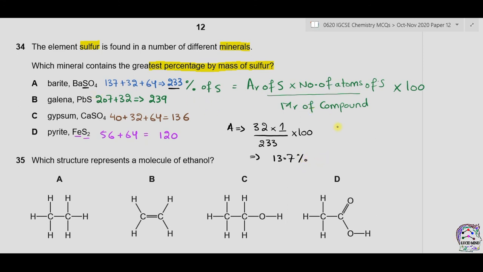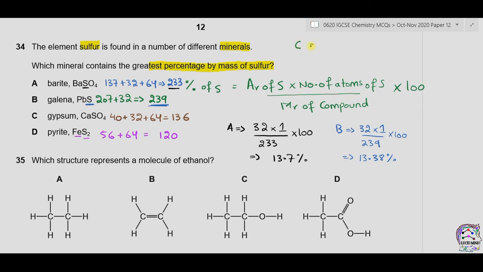Similarly for B, the atomic mass of sulfur is 32. Number of atoms is just 1 atom. Molecular mass of compound is 239 into 100, and the percentage comes equal to 13.38%.